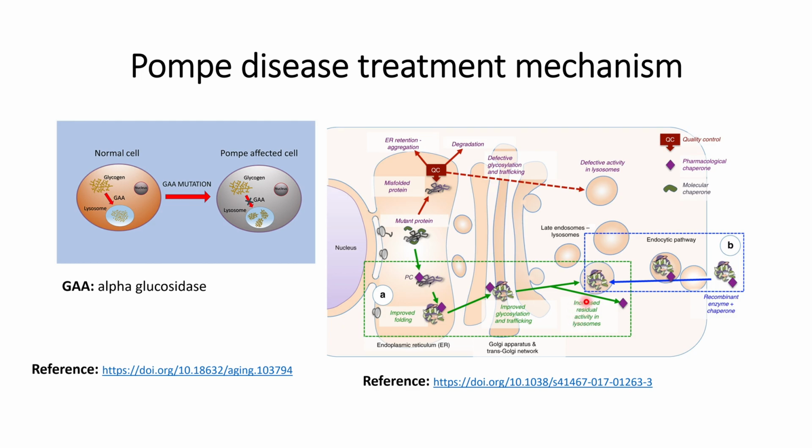Since now the structure is similar to the native structure, the glycosylation that occurs in the Golgi apparatus is similar to the native glycosylation. Then it can move to the lysosomes, where it can perform its regular function, that is degradation of glycogen.